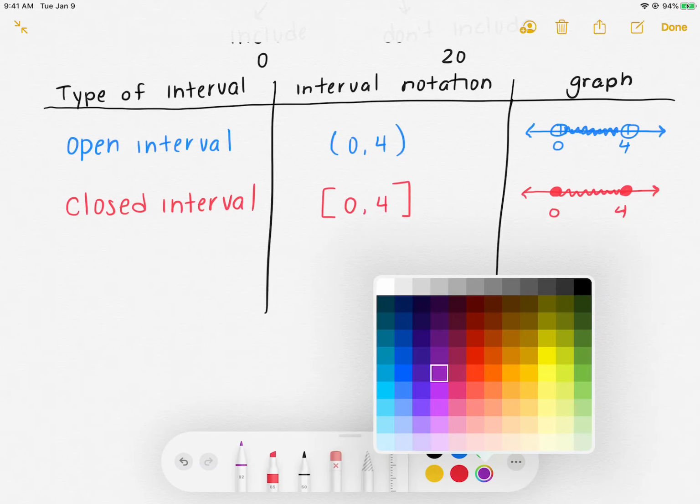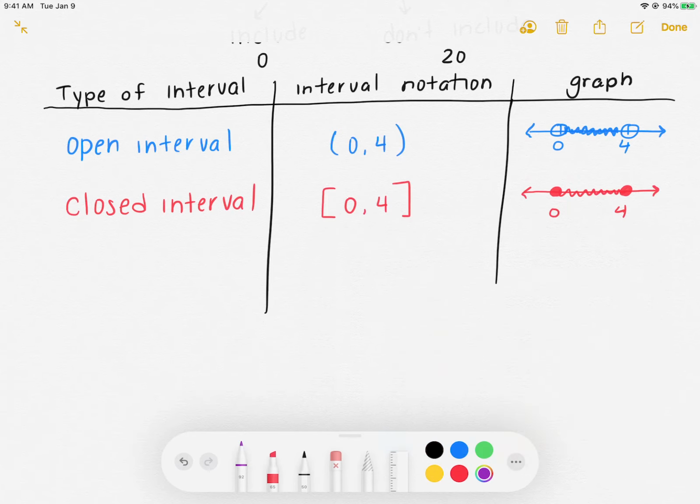Then we're going to get really fancy. Use purple because I can have a half open interval. And my half open interval is just going to be a combination of the two. So I could not include 0, but I could include 4, which would look like this.